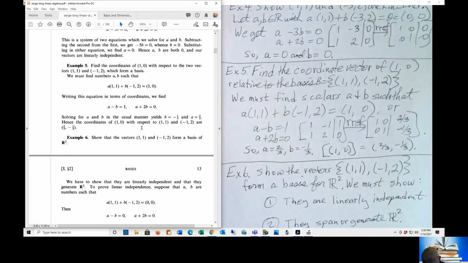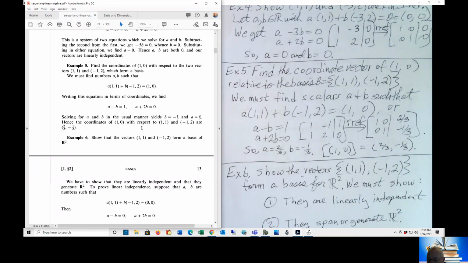Or using matrices with row reduction, you row reduce the augmented matrix of coefficients, and you get the e1, e2 vectors on the left side, and on the right side you see that you're getting 2/3, negative 1/3.